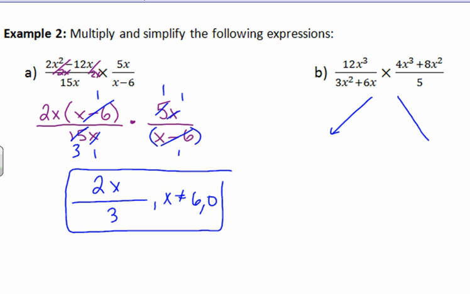I'm going to show you two ways. Do one way and then the other. So most of you got this far by factoring out the 3x here, times, you factor out the 4x squared here.